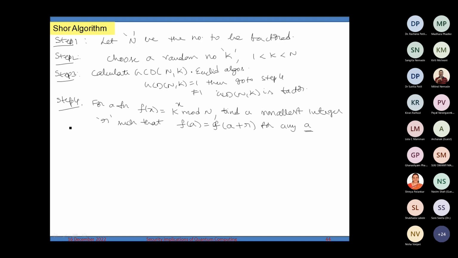Now, how do I do it? Step 4.1: let us take some integer q equal to 1. Then step 4.2: calculate q into k mod n.